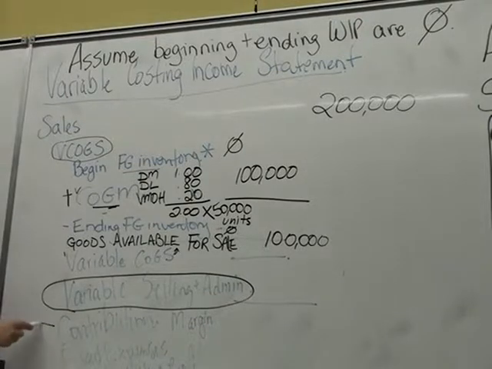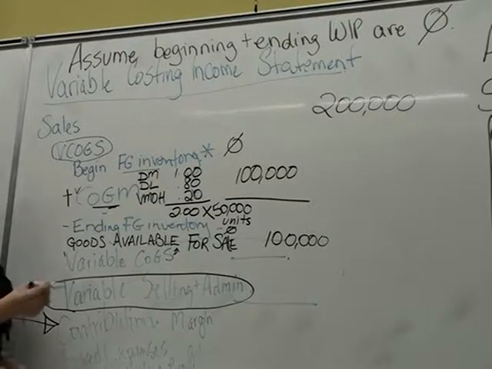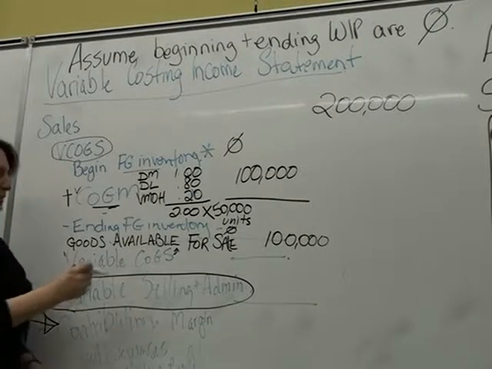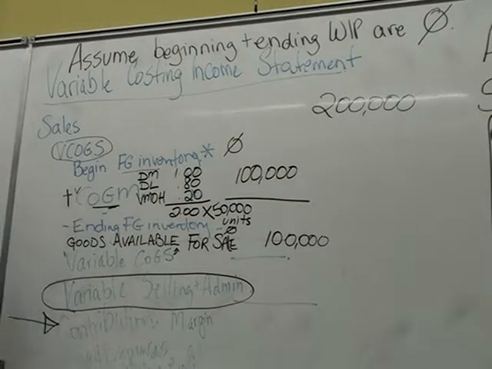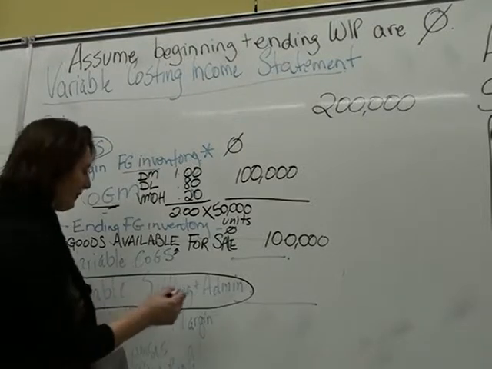This is the important thing in a variable income statement, the contribution margin. That gives a lot of information to our managers. So we want to take the rest of the variable costs, because remember we're taking variable costs and then fixed costs. So our variable selling and admin is what per unit? 75 cents.